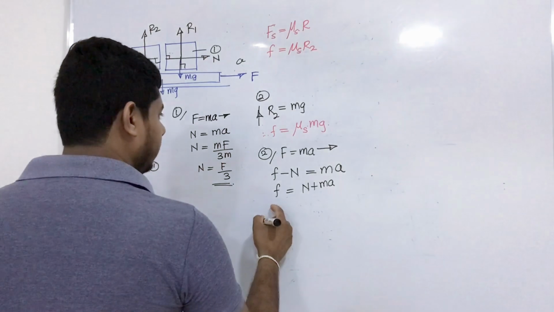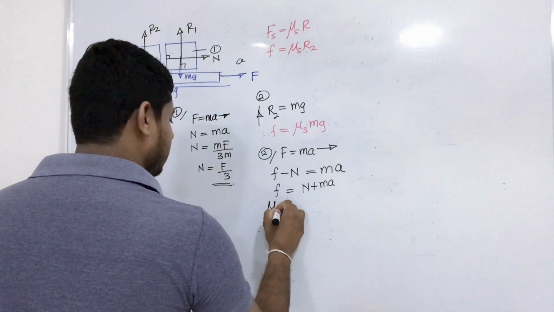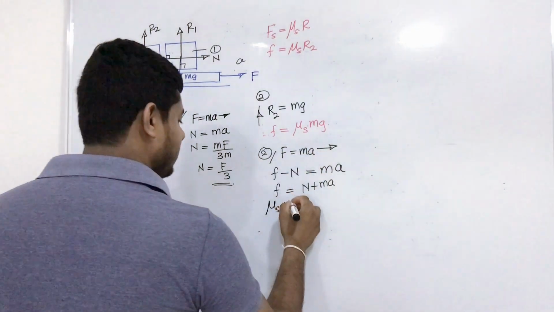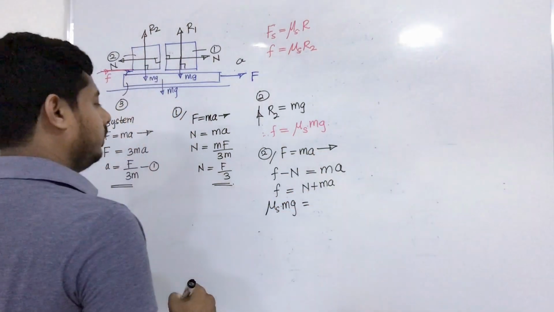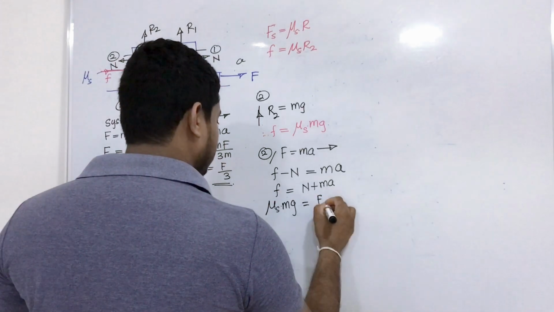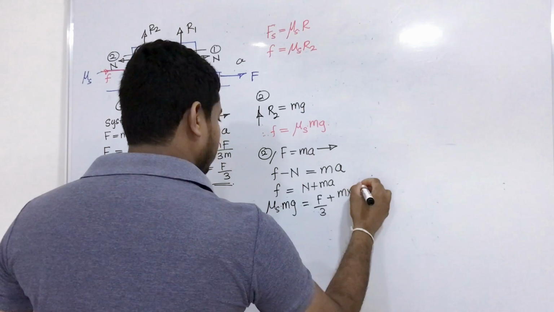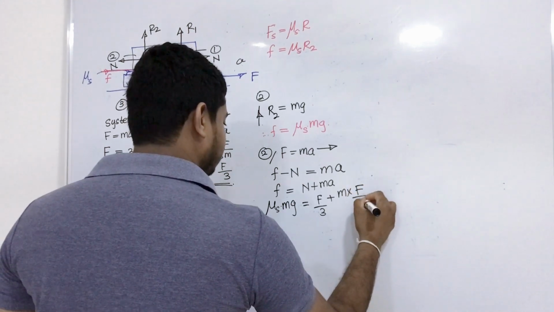Now you can substitute here, the friction force is equal to mu s mg, which we have found, that is equal to N, which is F over 3, plus mass into acceleration, again F over 3m.